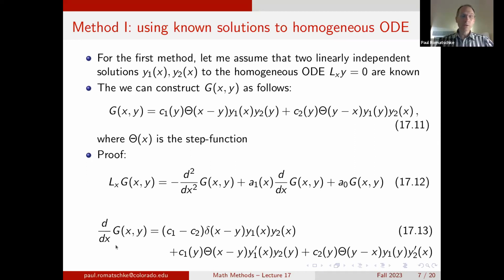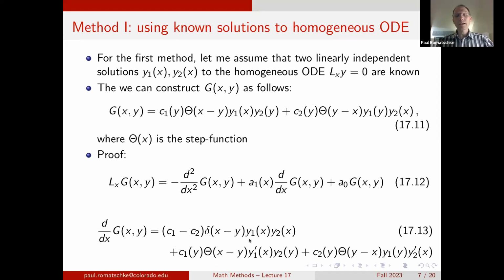Now this is the first order differential operator on g, but in the definition of L of x on g, we have minus the second derivative of x acting on g. So we will get, in general, another one where we have a derivative acting on delta of x that results in a delta prime. We don't want any delta primes because in the definition of the Green's function, there's only a delta on the right-hand side, but no delta prime.